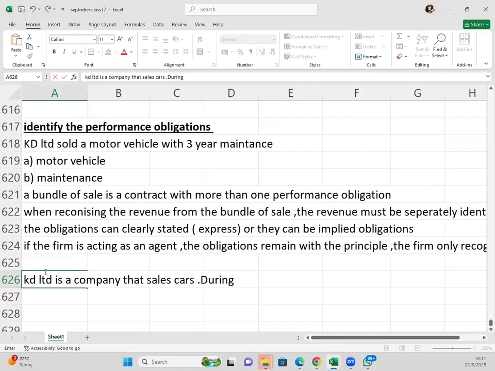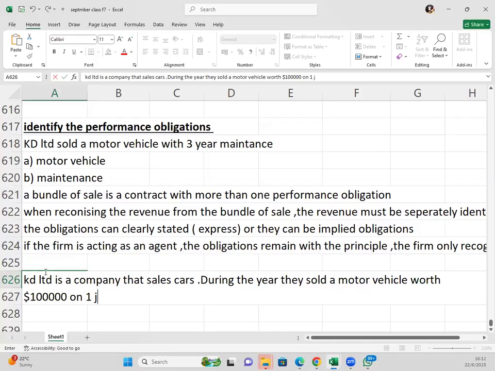During the year, they sold a motor vehicle worth 100,000 on 1 July 2020.